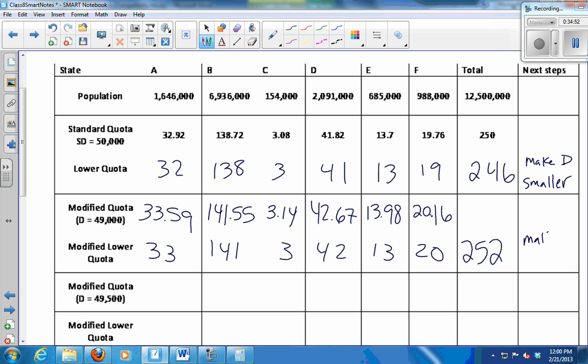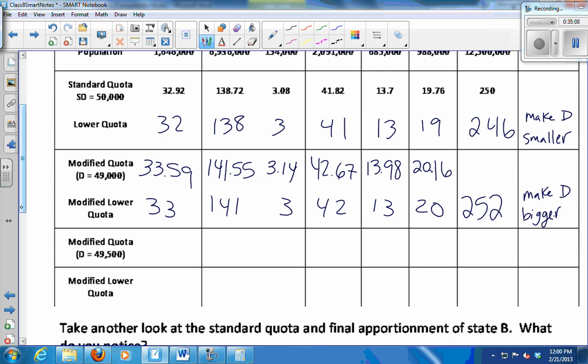So I need to make my divisor, what? Bigger. When the answer's too big, make the divisor bigger. That will make your answer smaller. So now we need to make D bigger. So 49,000 was too small, so we make D bigger. We try 49,500. And we know that works because we just did it.